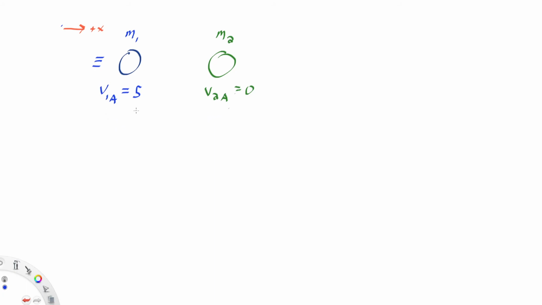So V1A is the speed of object 1 at time A. B, situation B, happens just after the collision, right? So A and B are very close to each other in time. They are just before and just after the collision. And that's the conceit that we're going to use pretty much throughout this chapter.